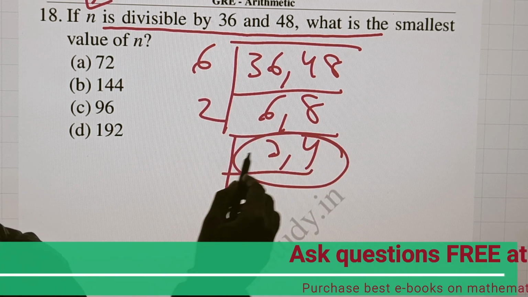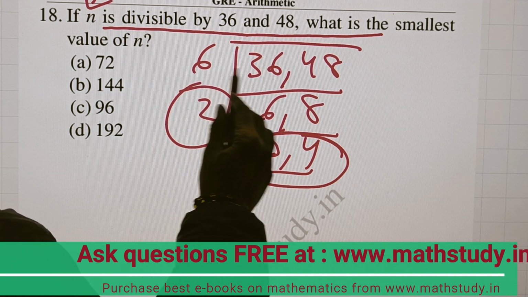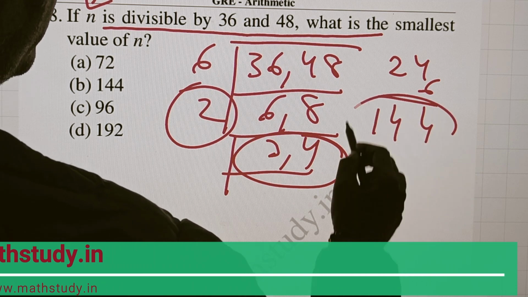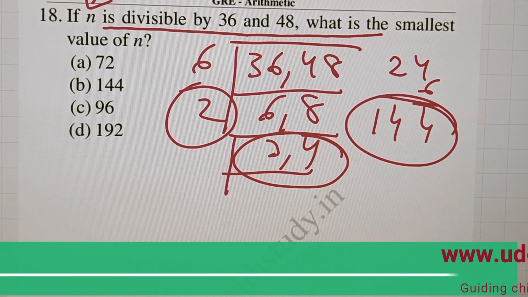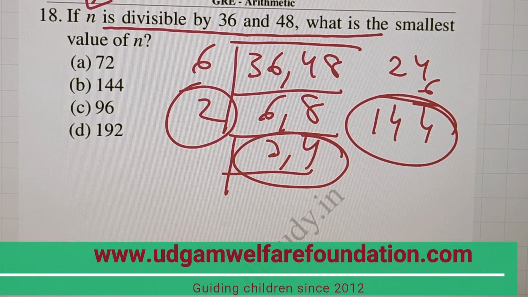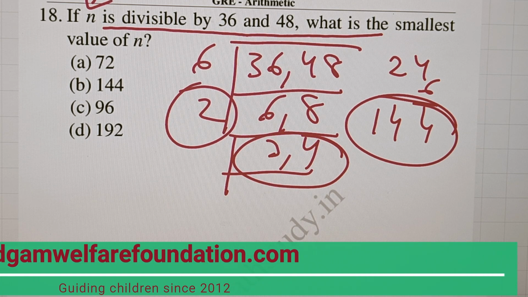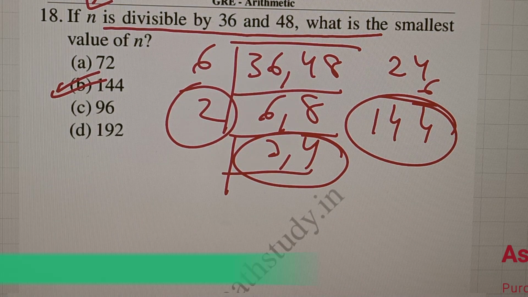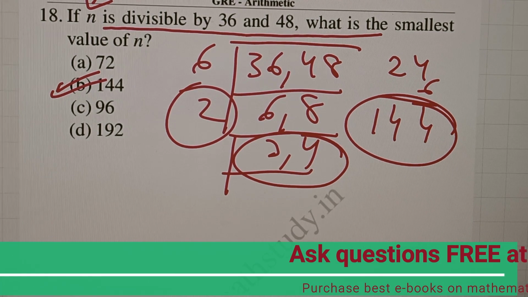Now 4 times 3 is 12, 12 times 2 is 24, 24 into 6 we can do, 144. So 144 is our answer here. That means 144 is the smallest number which is divisible by both 36 and 48. So B is our option here. Now let's move forward towards our next question.